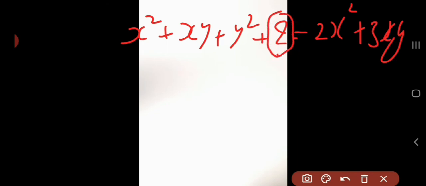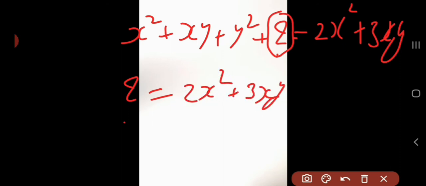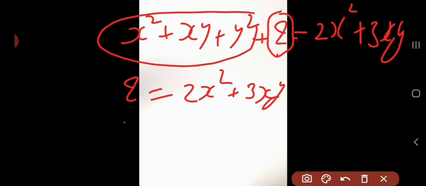So the question mark is equal to 2x square plus 3xy as it is, and this whole expression is transferred from LHS to RHS, so it becomes minus (x square plus xy plus y square).